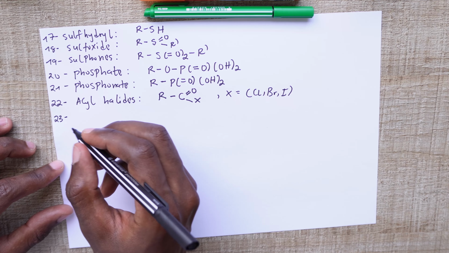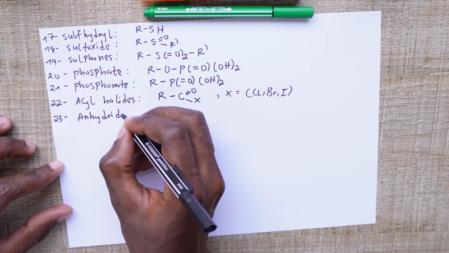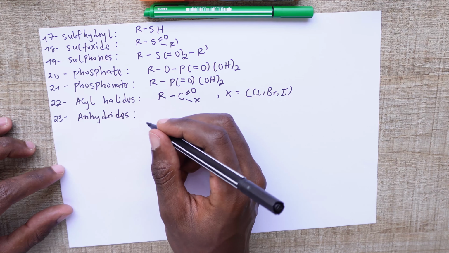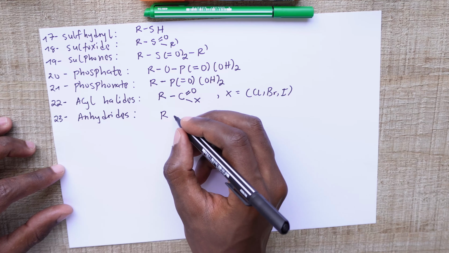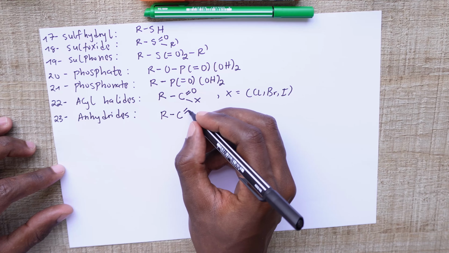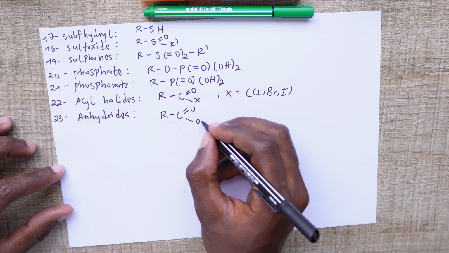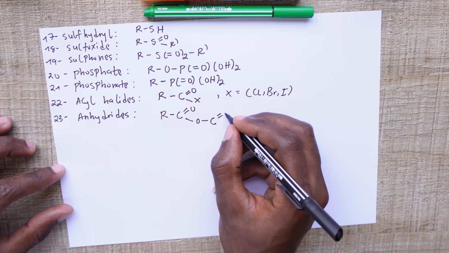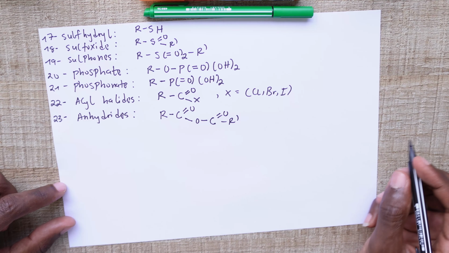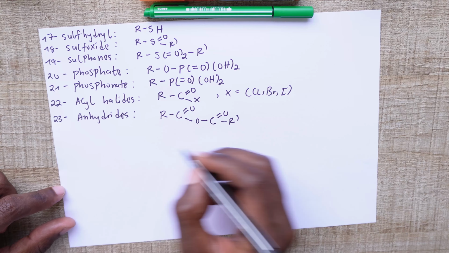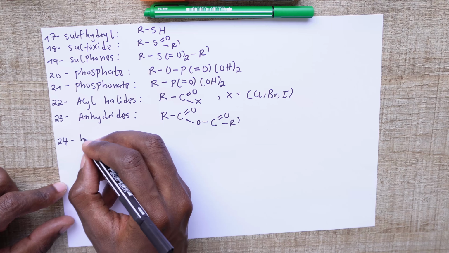Next, we have the anhydrides, which are also derivatives of carboxylic acids, which have as group R, CO, O, C, O, R prime. Okay. Bit fancy.